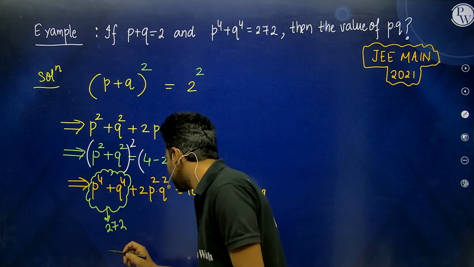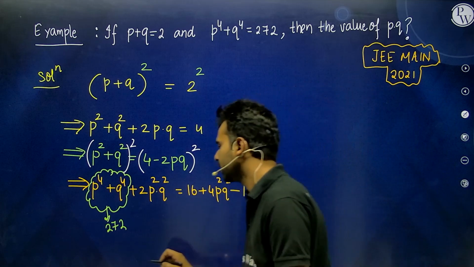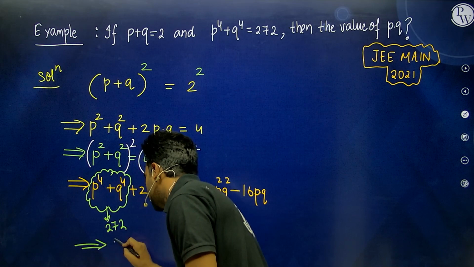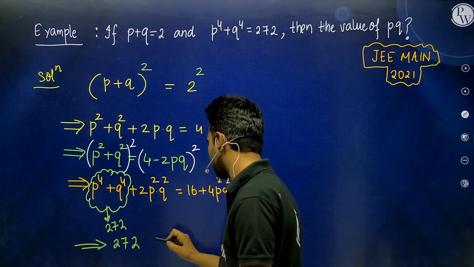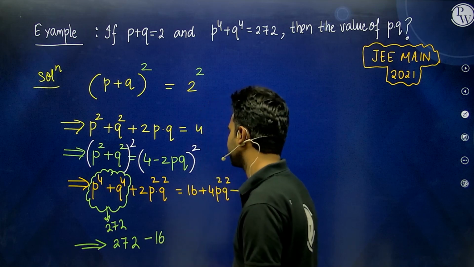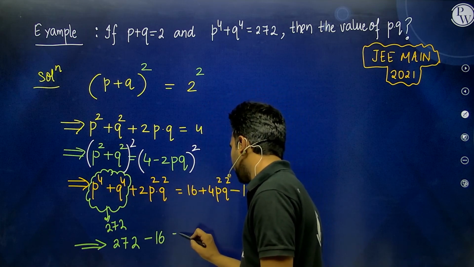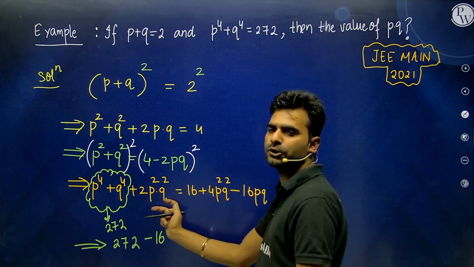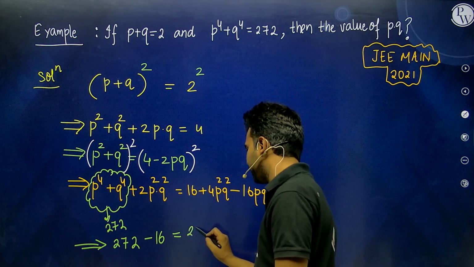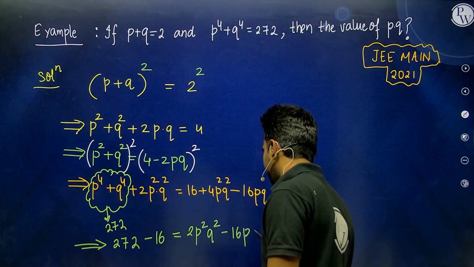Chalo ji, let's solve this problem a bit. We can write down this particular equation as 272. Let's combine the constant terms together: if we bring the 16 onto the left hand side, and then bring 2p square on the right hand side, so 4p square q square minus 2p square q square will become 2p square q square minus 16p times q.